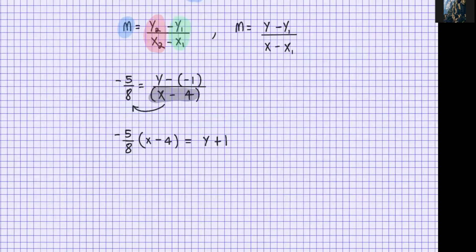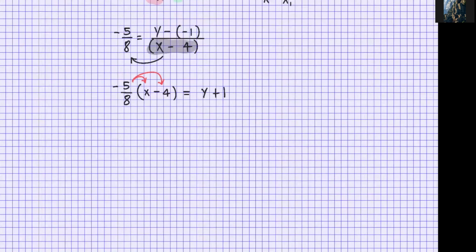Now I'm going to apply the distributive property for the slope into the parentheses. So negative 5/8 times x will be negative 5/8 x. And then negative 5/8 times negative 4 will be positive, and we will have 5 divided by 2. This operation can be done in your calculator. So it's just a matter of having the 5/8 multiplied times 4.